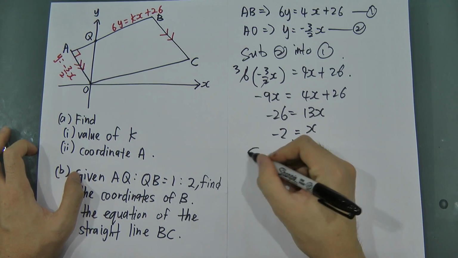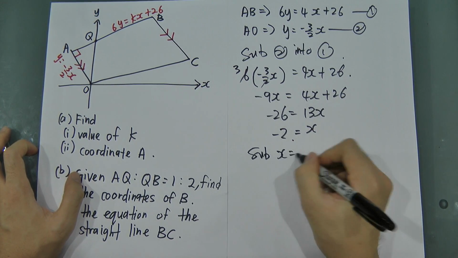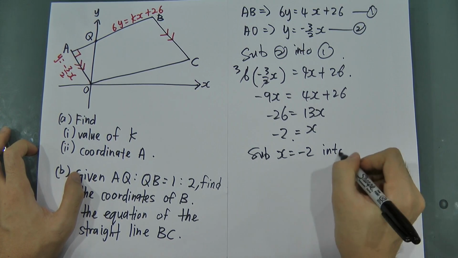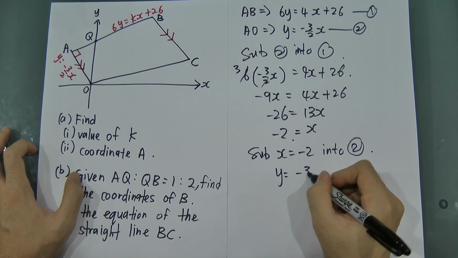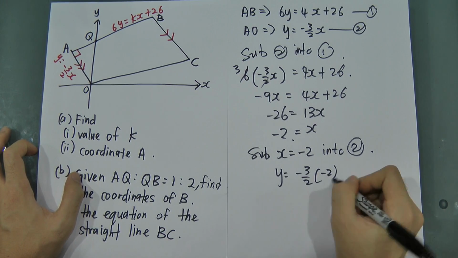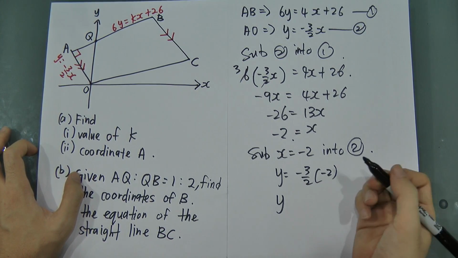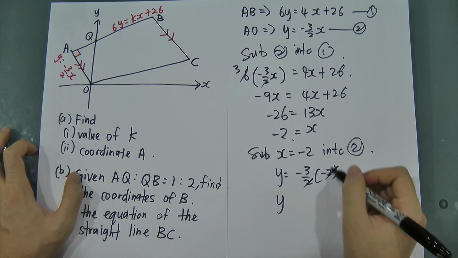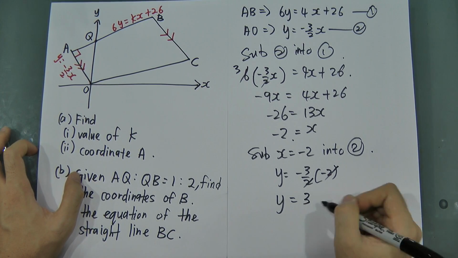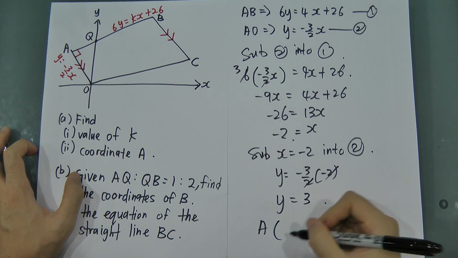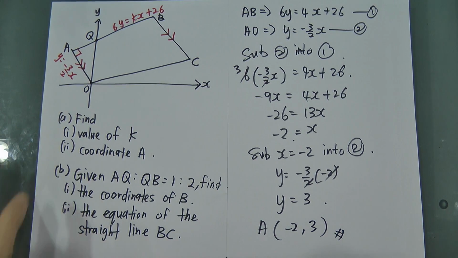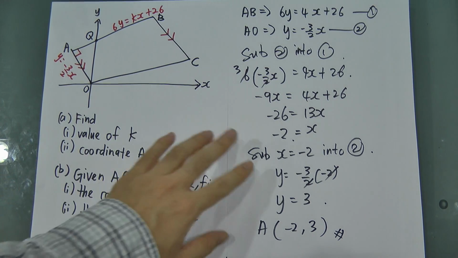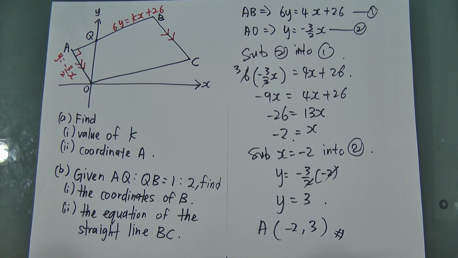Then I substitute x equals negative 2 into equation 2. So y equals negative 3 over 2 multiplied by negative 2. Negative times negative gives a positive value. Simplified, it equals 3. Therefore, the coordinate A is negative 2 and 3. I'm done. This is just a normal simultaneous equation. I hope you can understand how to solve this one, the algebra and everything.